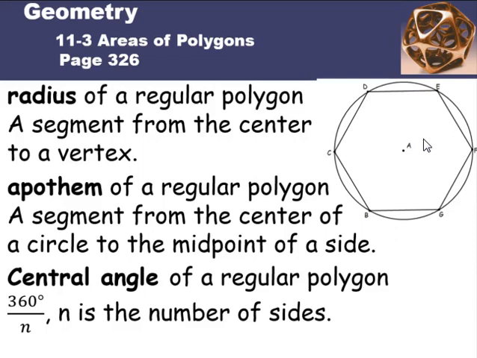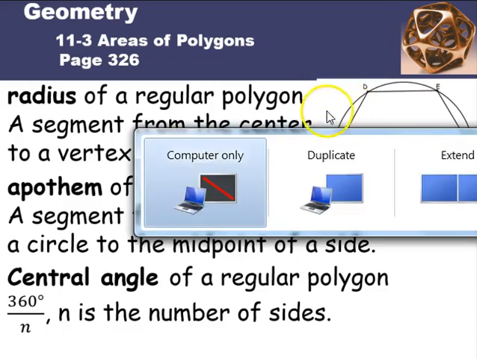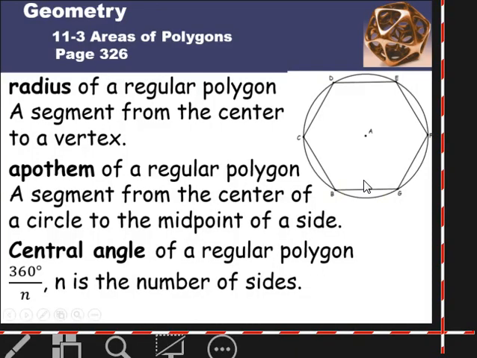Okay, so the first thing, we have a radius. A radius is a segment from the center to a vertex or a corner.